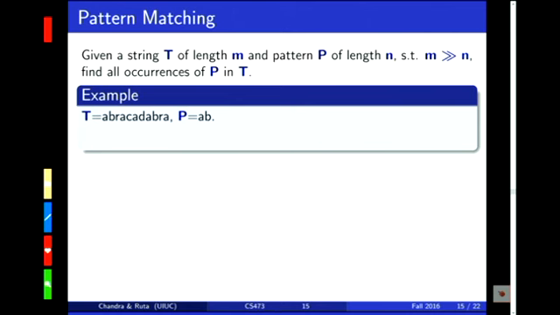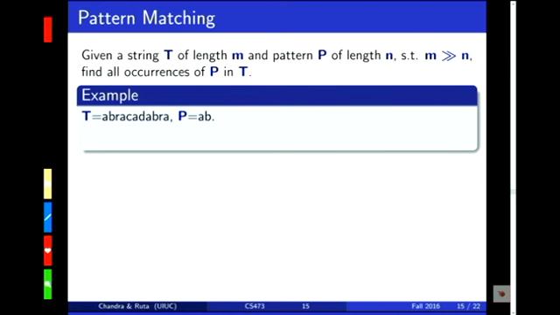So for example, suppose T is abracadabra, and the pattern is AB. At what positions does P occur in T? Let's say the positions are 1, 2, 3, 4, and so on. It occurs at 1, right?